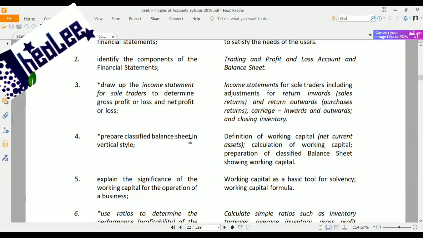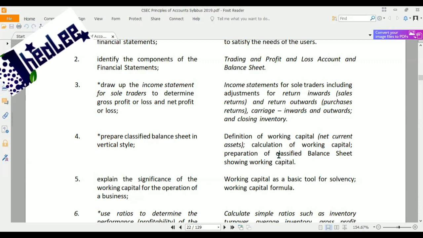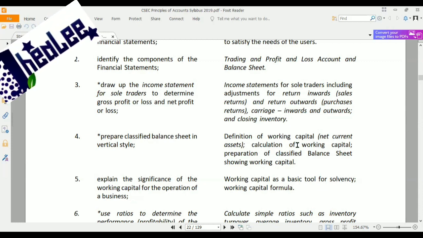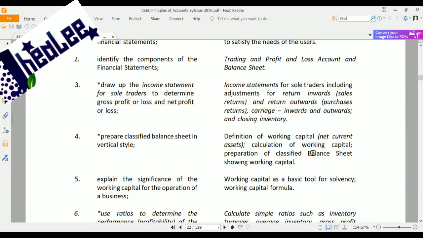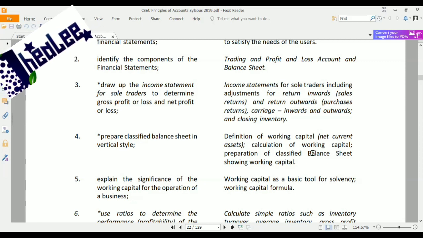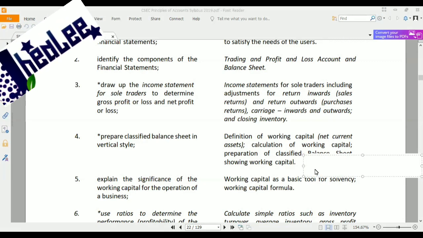Prepare classified balance sheet. And of course, when you say classified, you know that they're looking out for your working capital. And the next term for working capital is your net current assets. And of course, in doing the balance sheet, remember, you're showing the accounting equation. Remember, you're showing your assets.